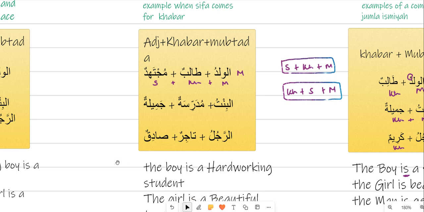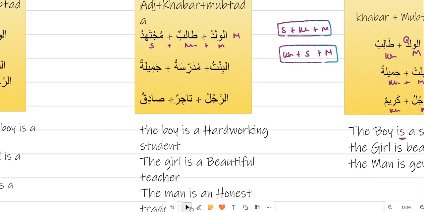This is feminine. So I've given you one male and one feminine example. Al-bintu mudarrisatun jamilatun. That means this is describing the female teacher. And we have mubtada. So the girl is a beautiful teacher.